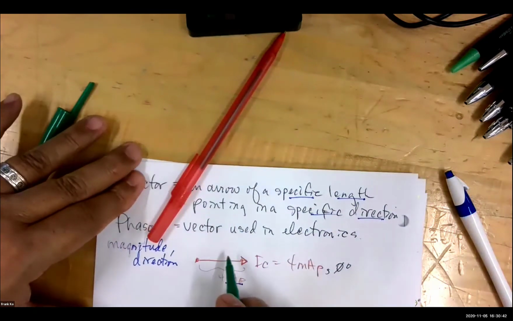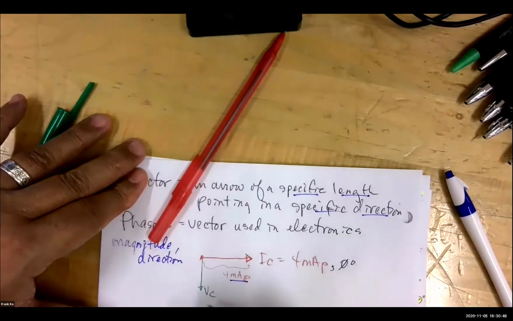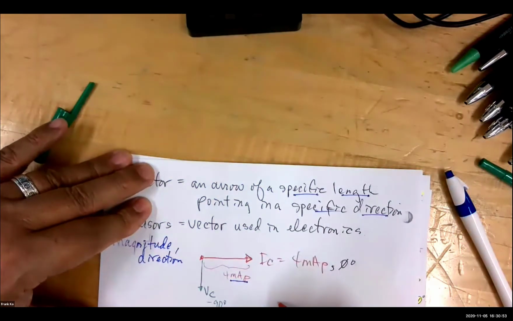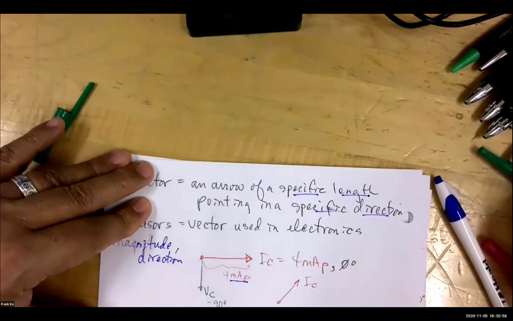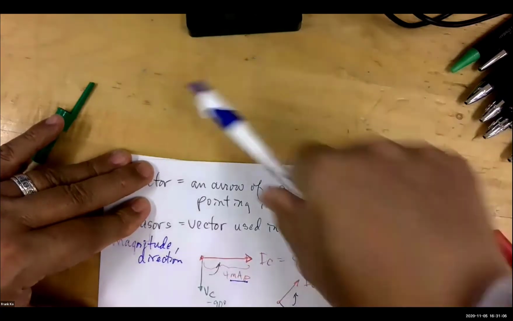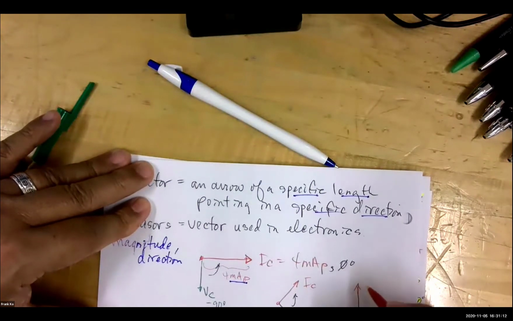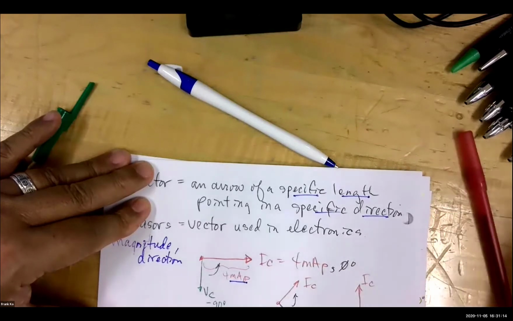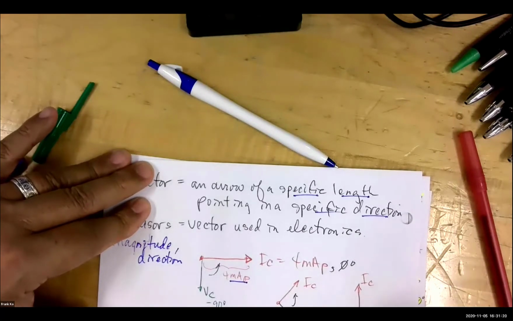Let me draw this here. This is my VC. This would be at negative 90 degrees. And then I'm going to rotate right here. This is my IC. And here is my VC. And I'm still rotating in this fashion. If I continue rotating, IC will be pointing straight up, and my VC will be pointing in this direction, like so.